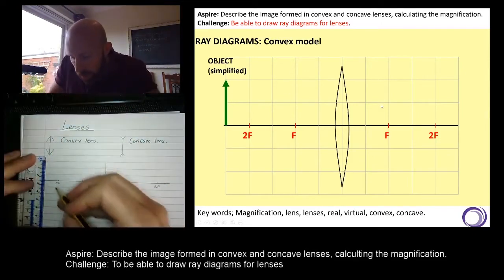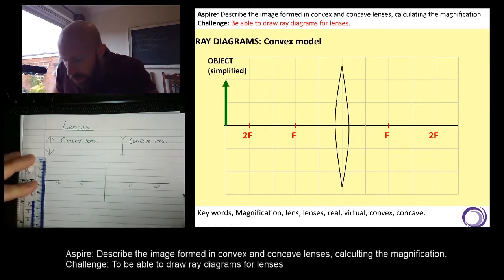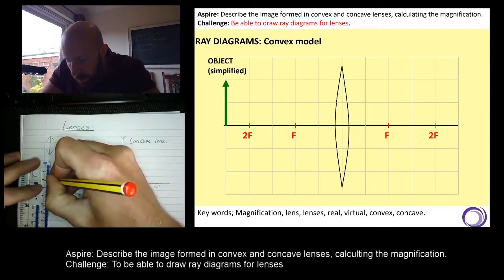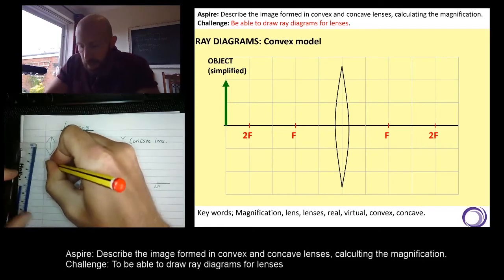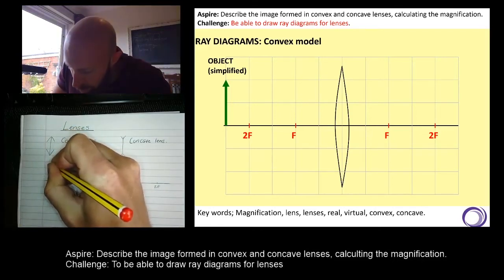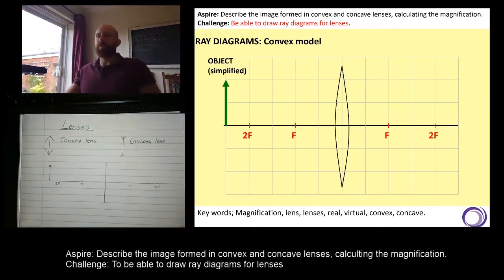So let's draw one that is 2 centimeters tall, somewhere beyond 2F. So there we go. And if that's exactly 2 centimeters, my arrowhead has got to be exactly on 2 centimeters. Something like that.